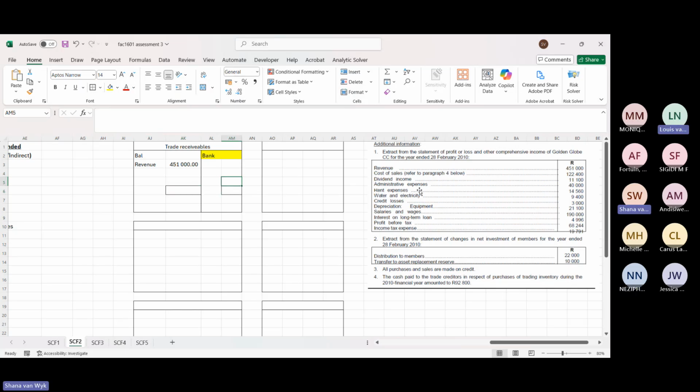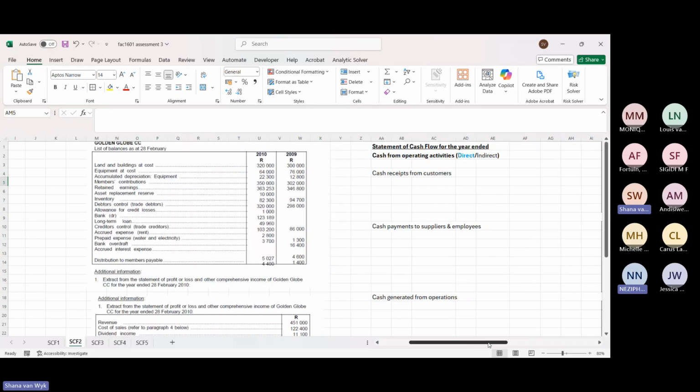So now the only info we have so far is from this profit and loss statement. But there is additional information, so let's go up to the balances. Here we go. Where is our trade receivables here?